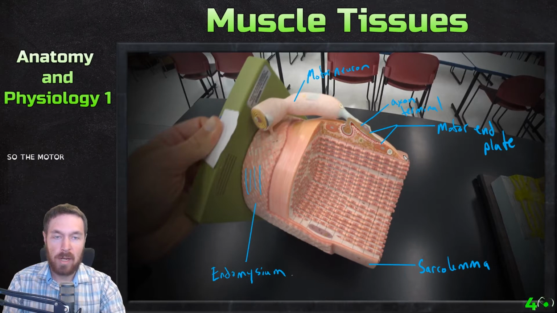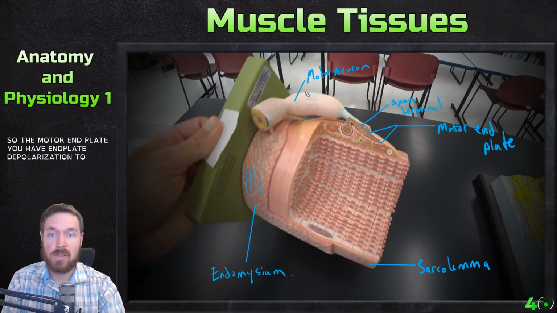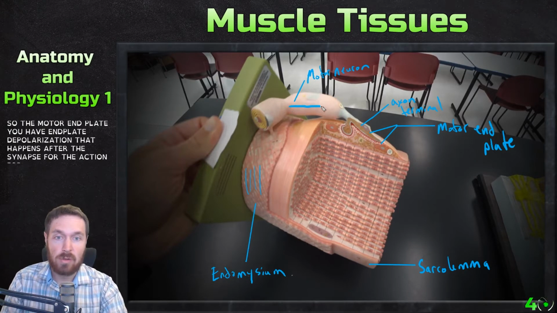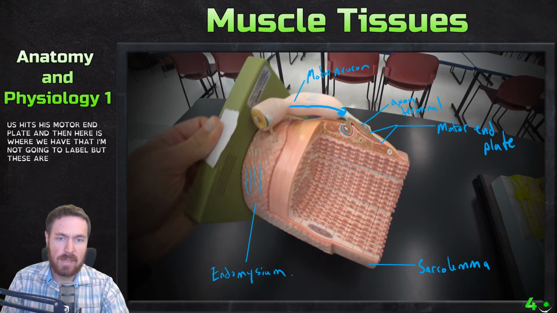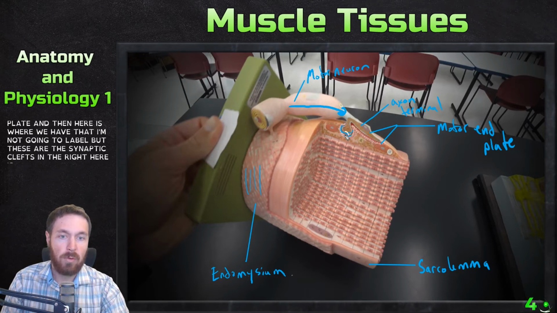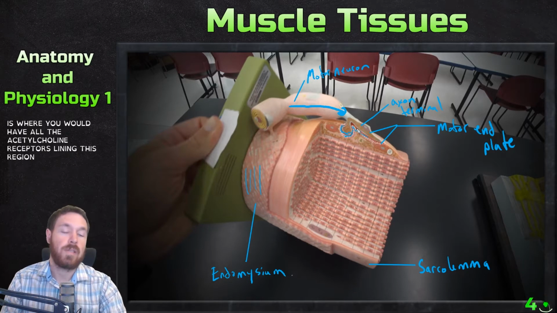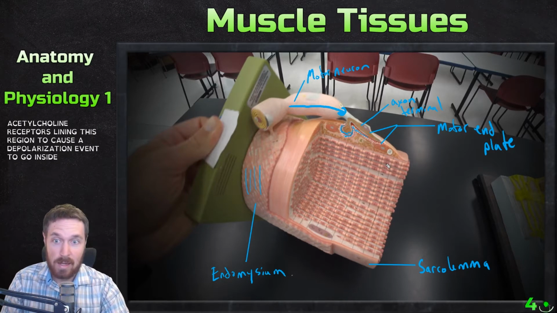So at the motor endplate, you have endplate depolarization that happens there. The action potential travels down the neuron, hits this motor endplate, and then here is where we have, I'm not going to label it, but these are the synaptic clefts. And then right here is where you would have all the acetylcholine receptors lining this region to cause a depolarization event to go inside that muscle cell.